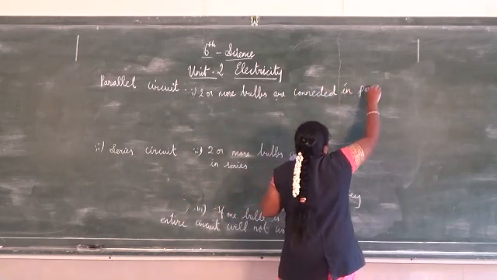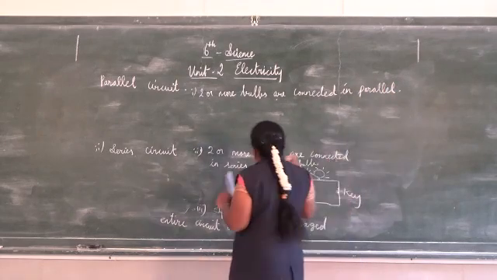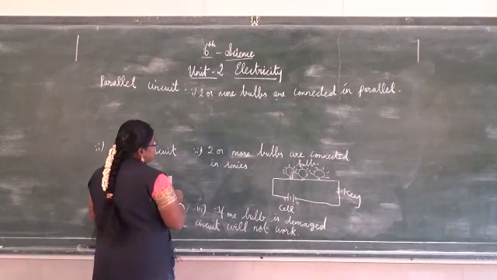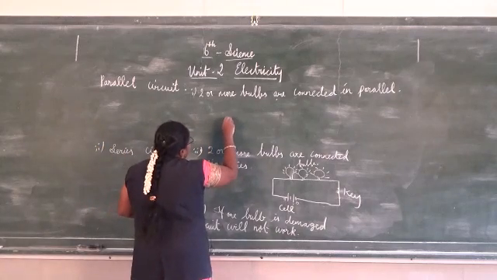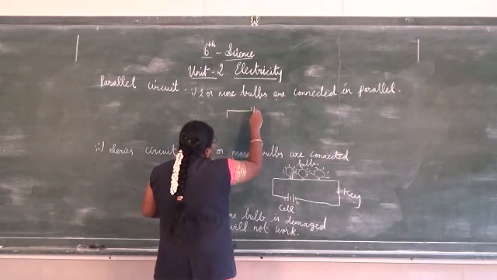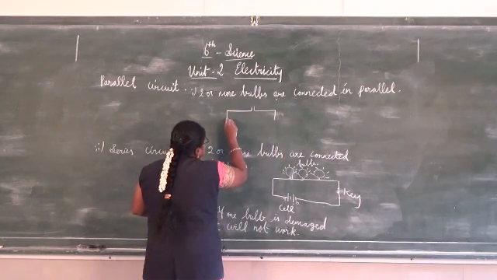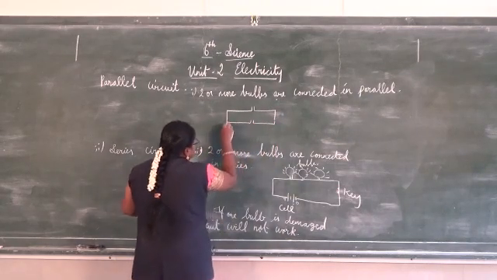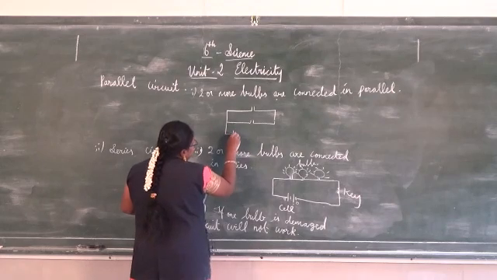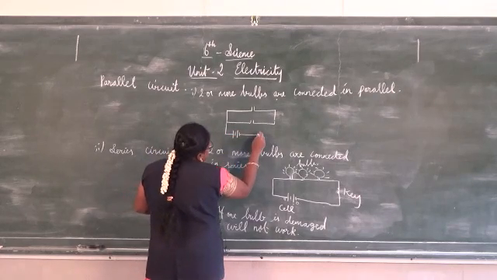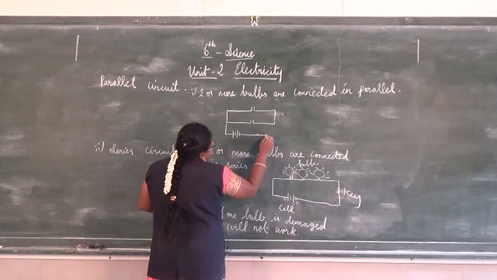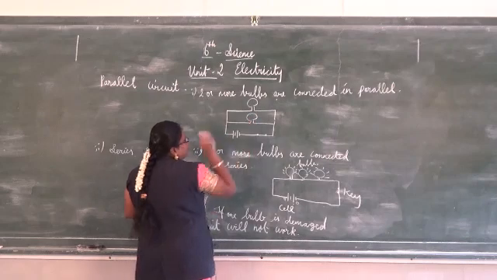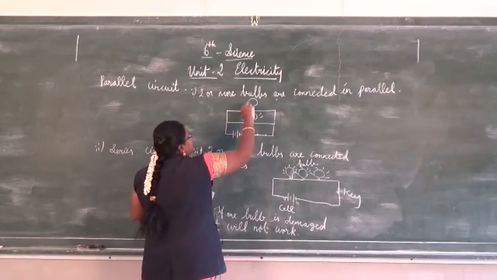How are they connected? For example, here one bulb, in the next line here one bulb, then they are connected with the battery, and then with the key. Here the bulb is there, and when it is touching, it will glow.